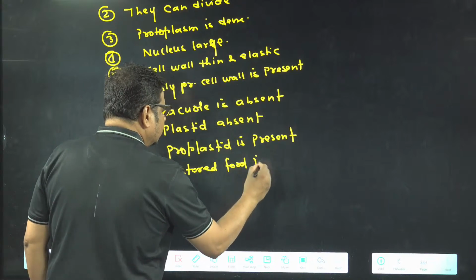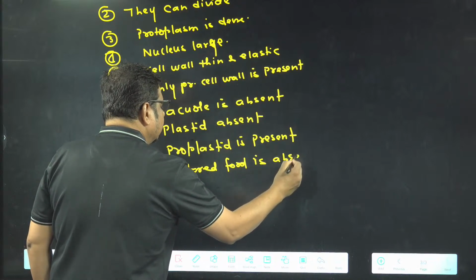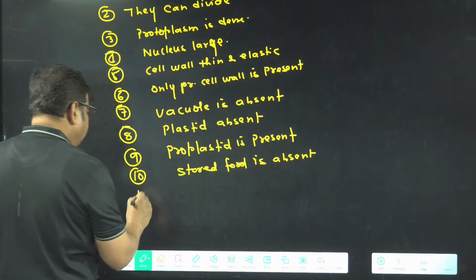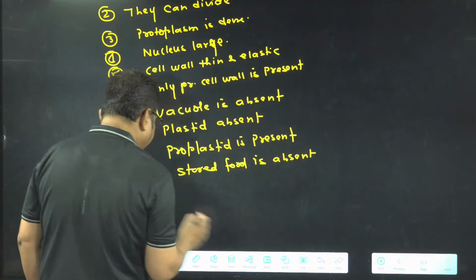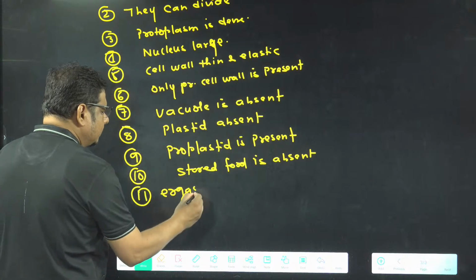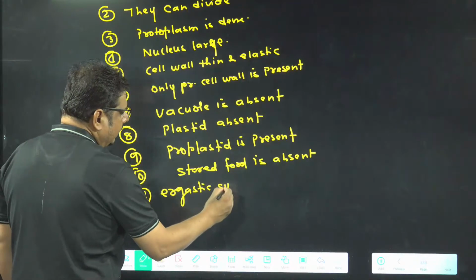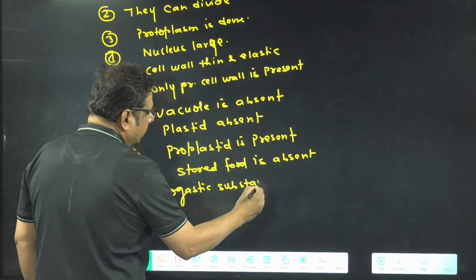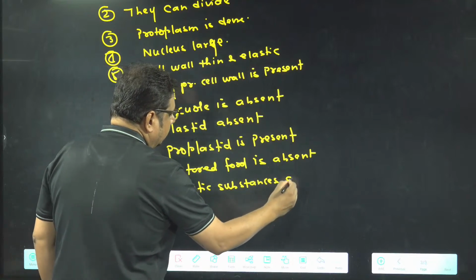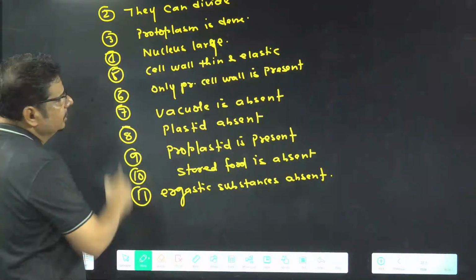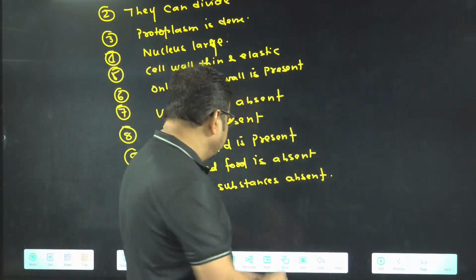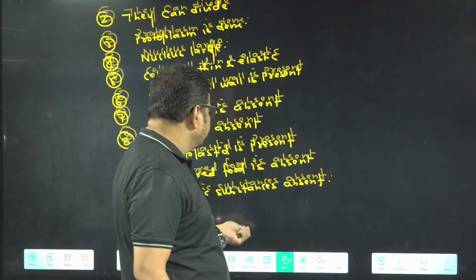Eleventh, ergastic substances are absent. Right. So these are some of the characteristic features we find in which tissue?